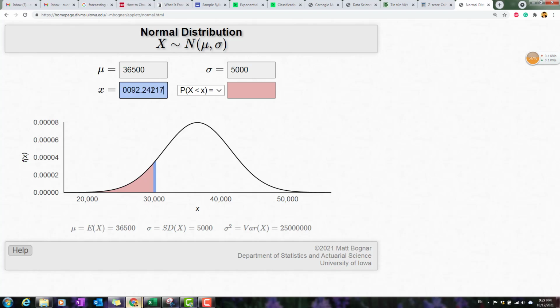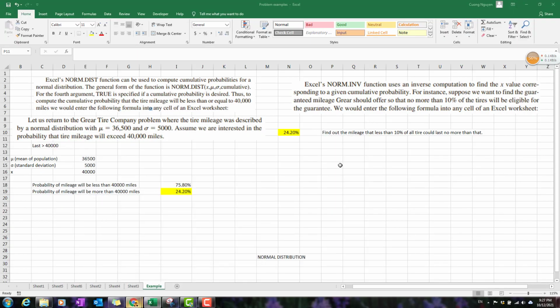Okay, and I will just save it, and we can go and check it if that's really going the same way. Okay, and now on Excel we do it with the norm inverse. Norm inverse will be the function to use the inverse computation to find the x value with a given probability.